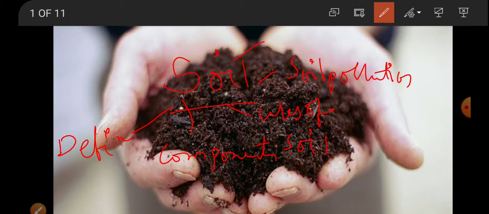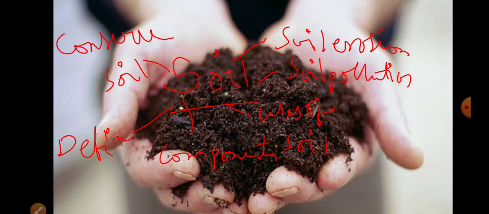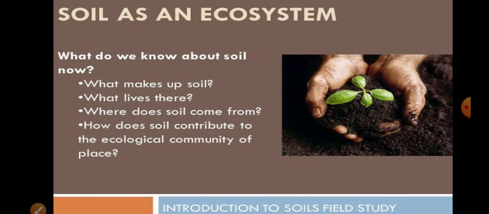We learn about soil erosion, and after learning about soil erosion, how to conserve the soil. It's not that we learn only about the problem, we even learn the conservation of soil, everything. So let us learn what exactly soil is.